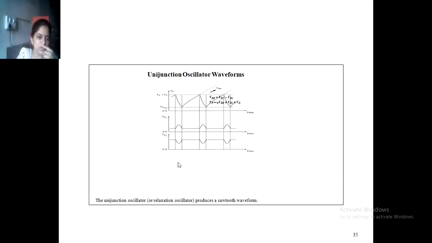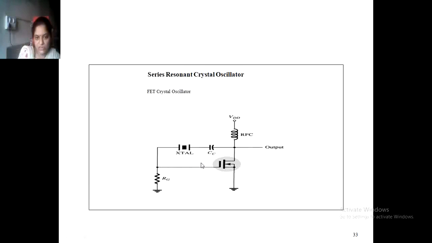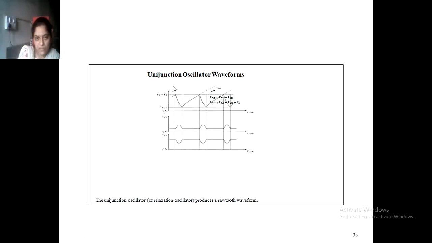When B2 is positive, B1 is positive, then VB2 is negative. Due to that, the capacitor is going to be charged and discharged.